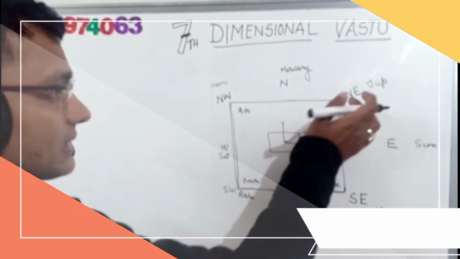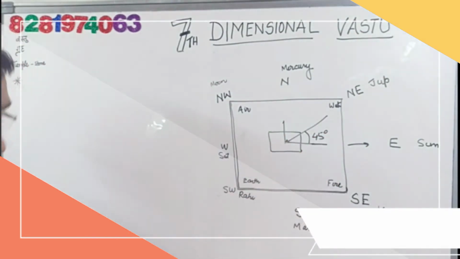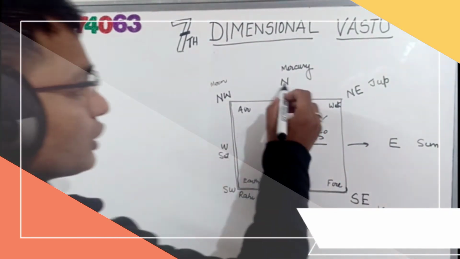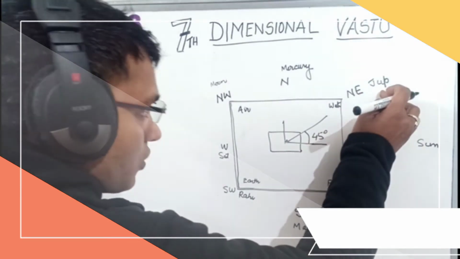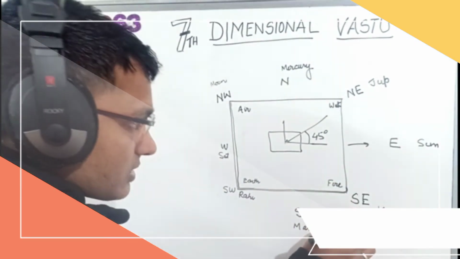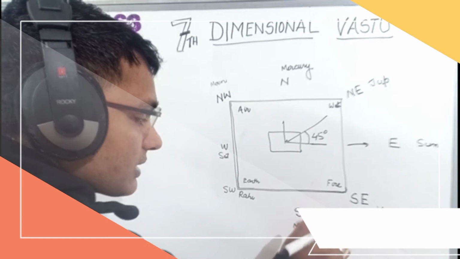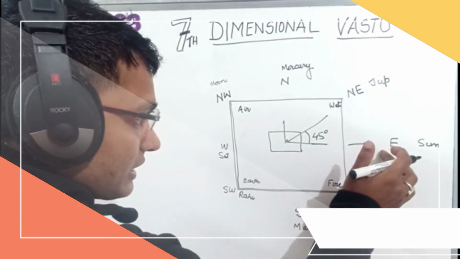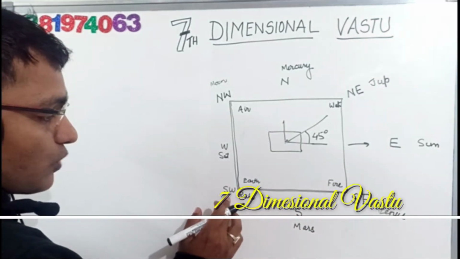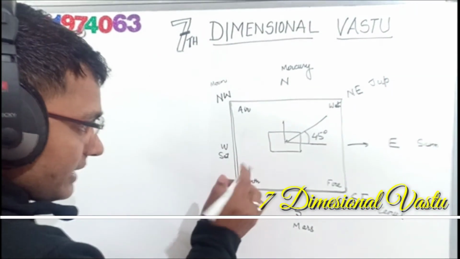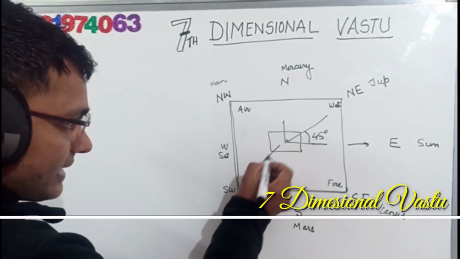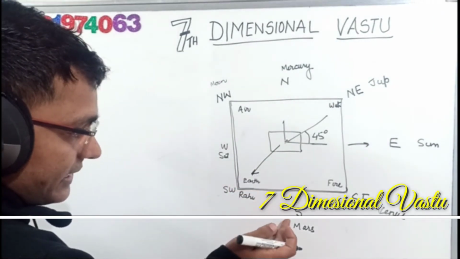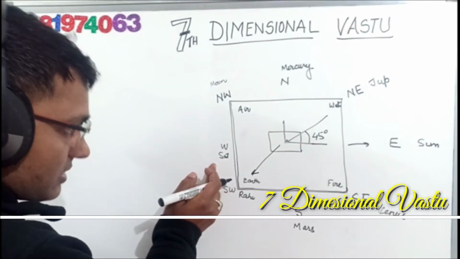After that, the subdirections: northeast, that is Ishanya Kon. Southeast means the direction between east and south. Southwest is between south and west.